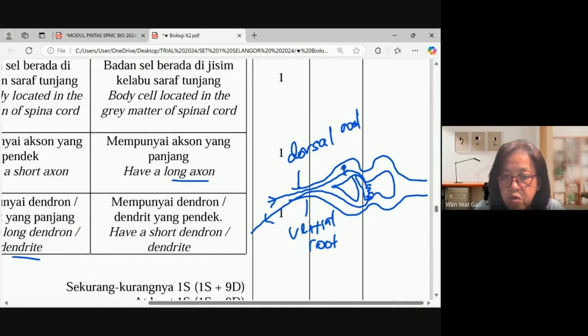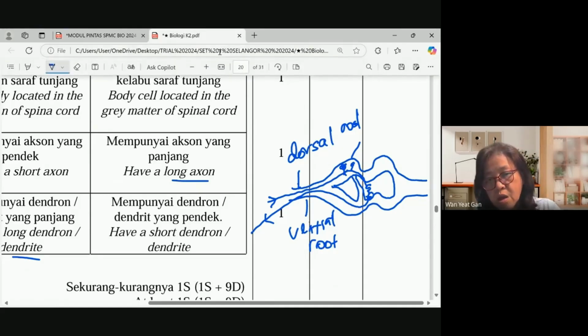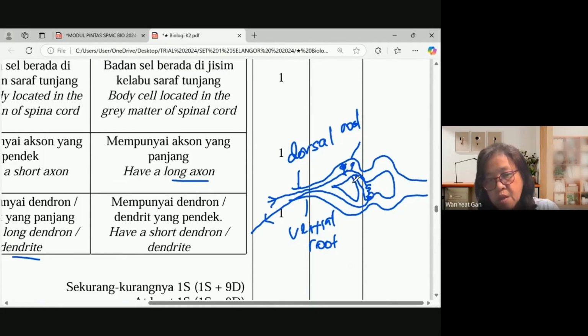This is dorsal root ganglion, where most of the cell bodies of the sensory neuron are clustered. And the cell body of motor neuron is clustered inside the gray matter.